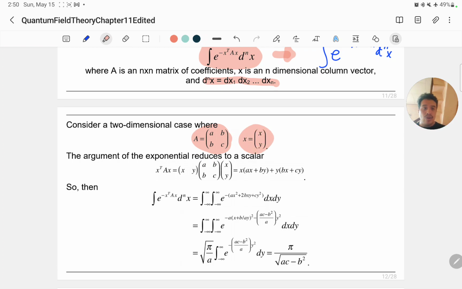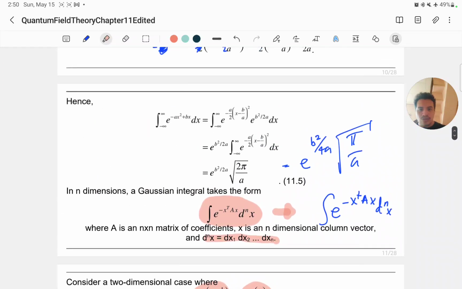By the way, before we go to that, let me just also add some integral here.